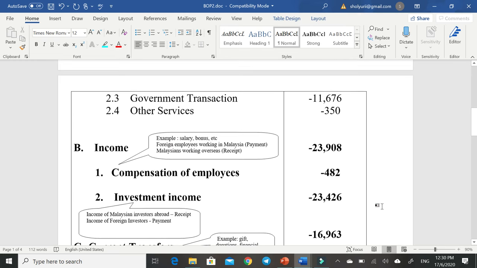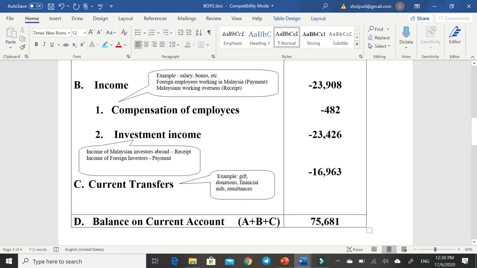Okay, and then for income, we have compensation of employee, also a negative value. It means that now many foreigners living in our country send money back to their home countries. Okay, that's why it is negative. And investment income of Malaysian investors abroad will be a receipt, because our investors invest in foreign countries, get income, so it comes back into our country, receipt, positive. Well, income of foreign investors, we have to pay to them, so it will become negative. So in this case, negative means many foreign investors invest in our country.